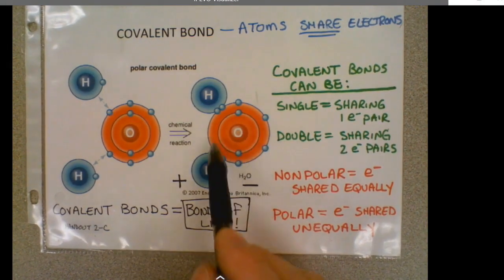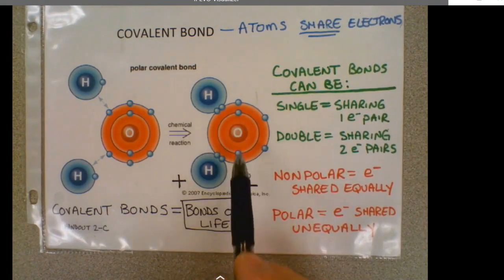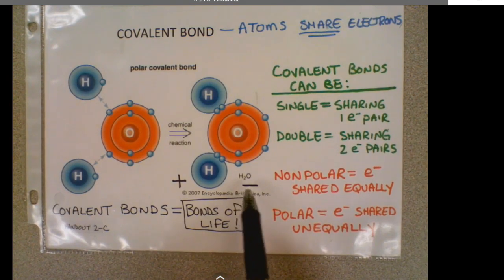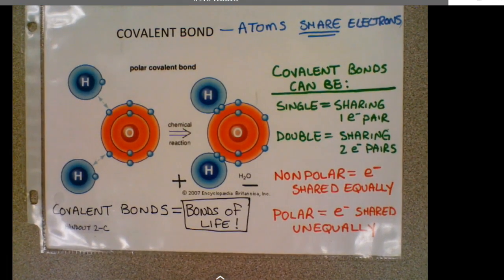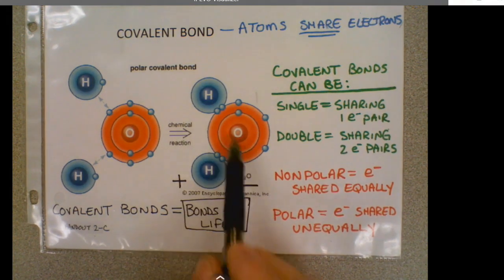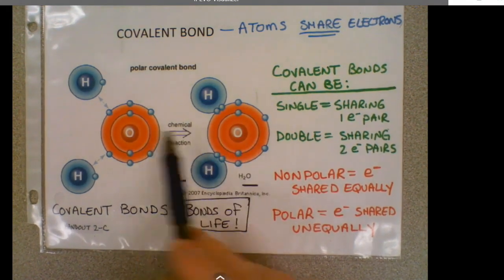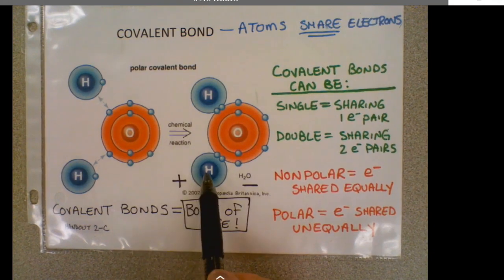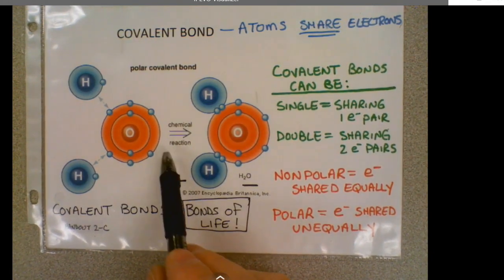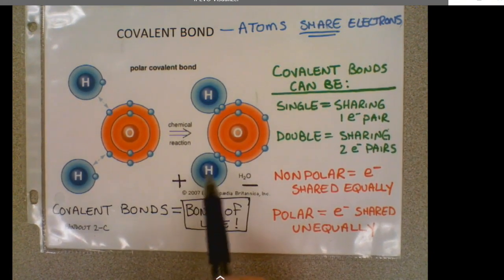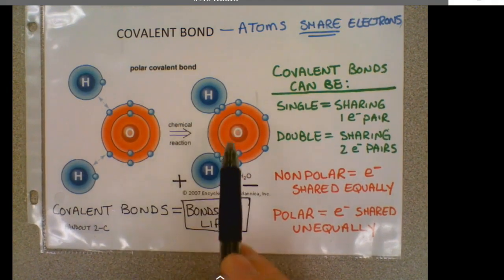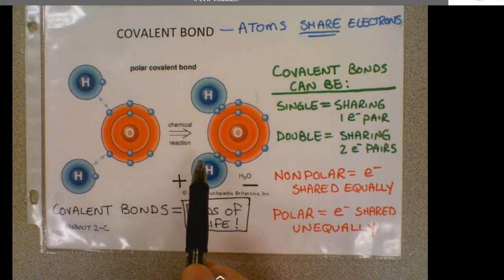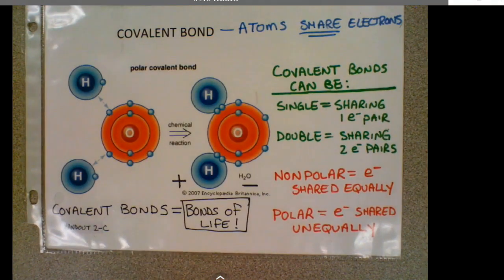The oxygen is stealing that electron a little bit longer, so the oxygen side becomes more negative. And what we've got is what we call a polar bond. This is why water loves to stick together. So the negative oxygens will love to stick to another water's hydrogen. And so we get sort of an attraction between molecules.